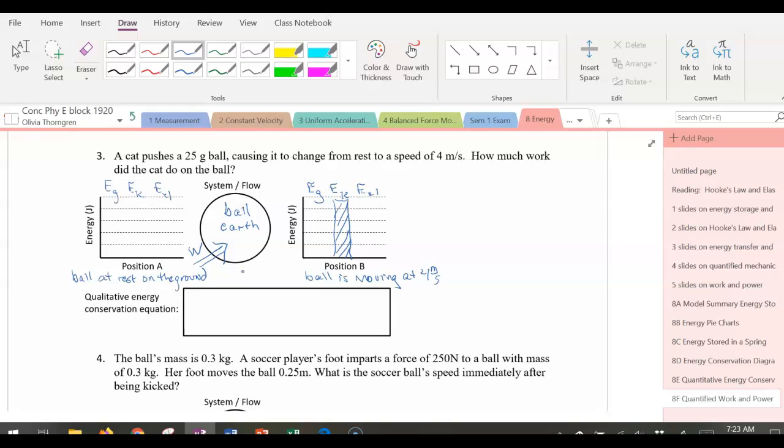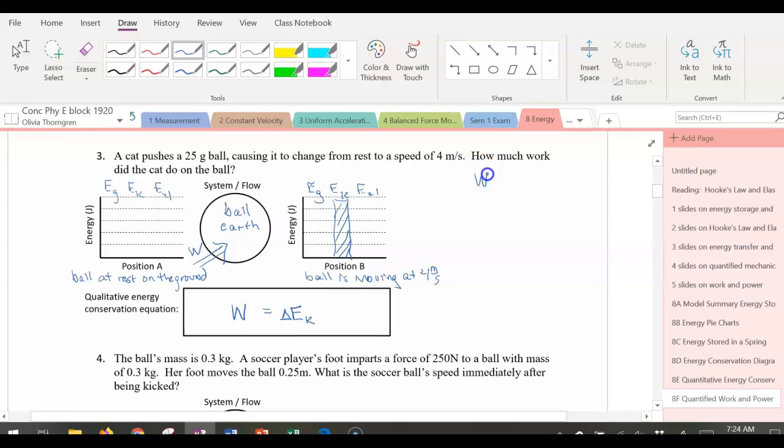In other words, someone from an external system applied a force that caused something in the system we're looking at to move. So the conservation equation here would be that the work that the cat did equals the change in the kinetic energy of the ball. Okay, and they're asking us to calculate how much work the cat did.